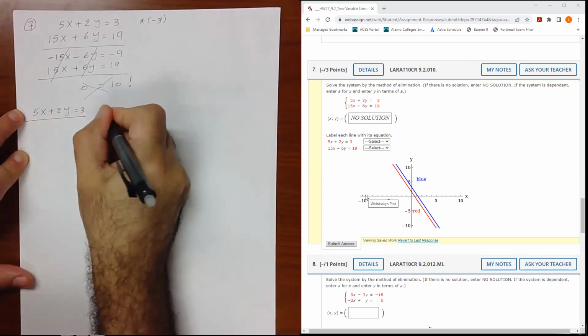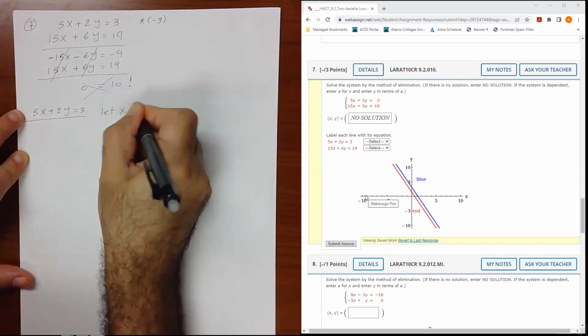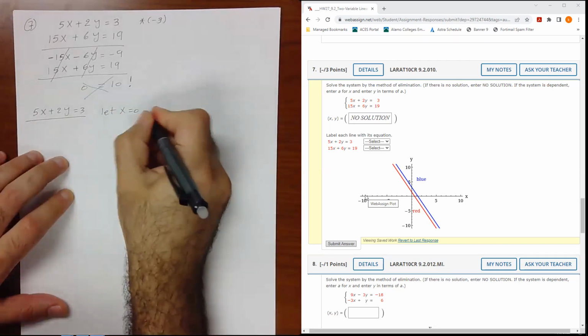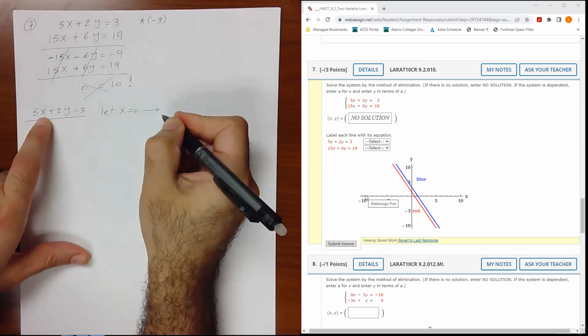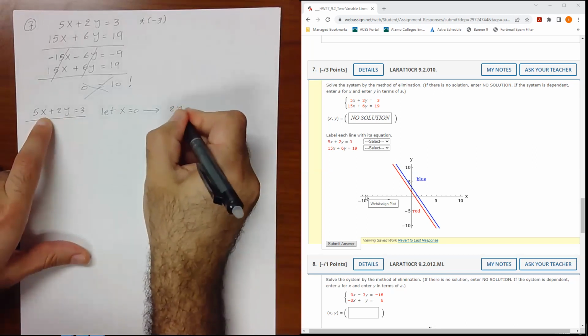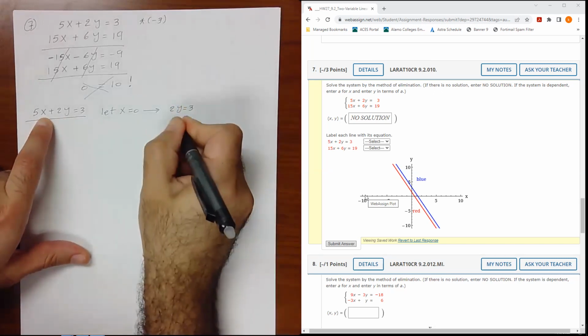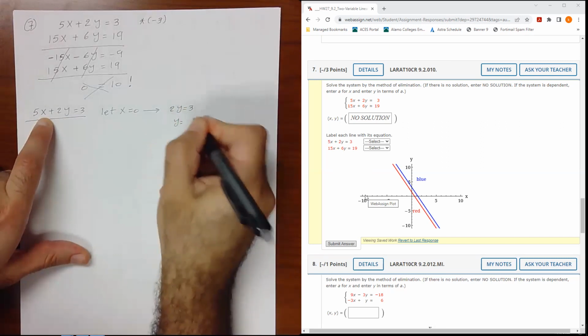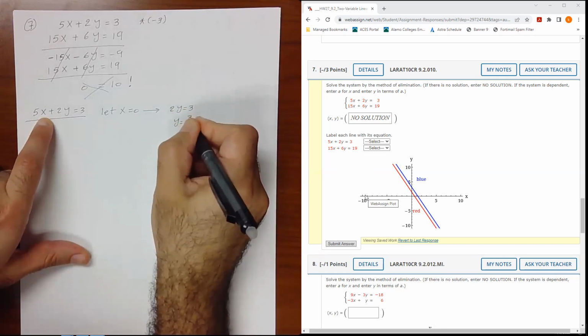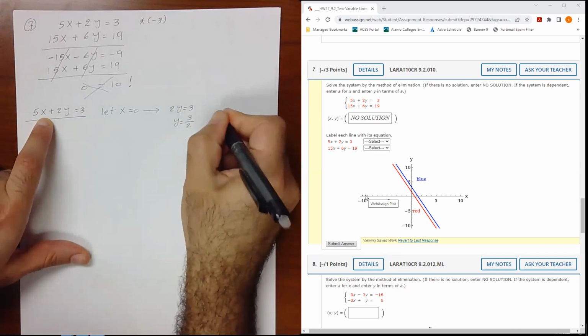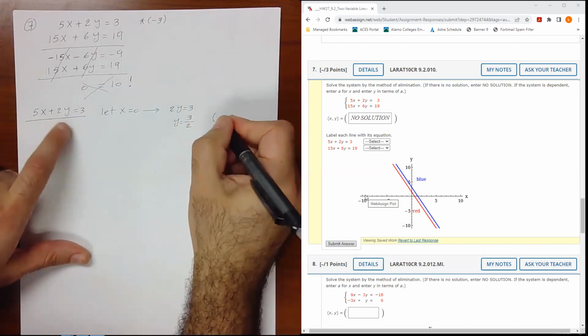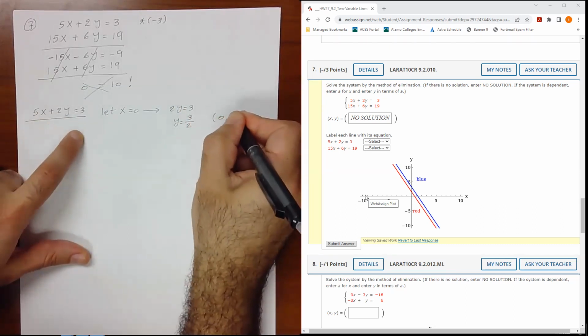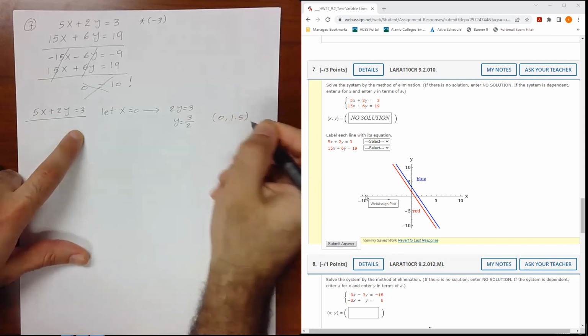We're going to let x equal 0. That means 2y equals 3, so y is going to be equal to 3 over 2. So the first point is x is 0 and y is 3 over 2, which is 1.5.